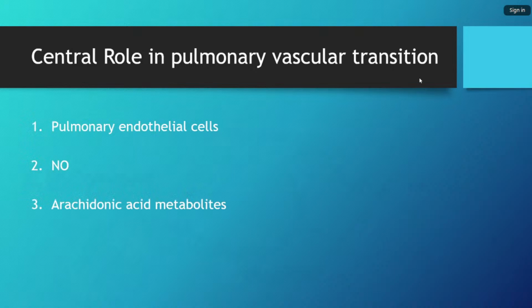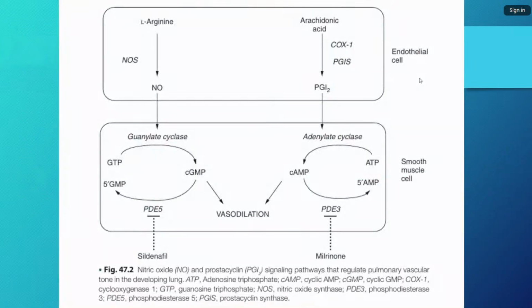Now, the central role in pulmonary vascular transition is played by pulmonary endothelial cells, nitric oxide, and arachidonic acid metabolites. The fetus prepares for extrauterine transition late in gestation by increasing pulmonary expression of nitric oxide synthase. At birth, pulmonary endothelial nitric oxide production is increased because of increased oxygen tension and shear stress.